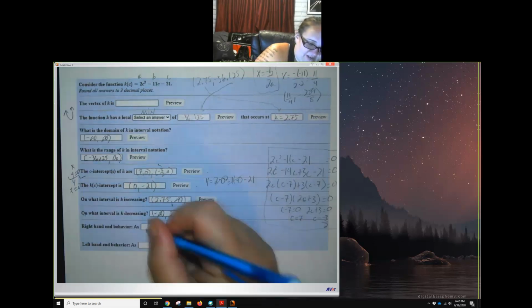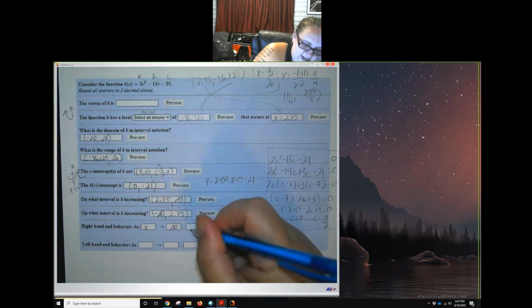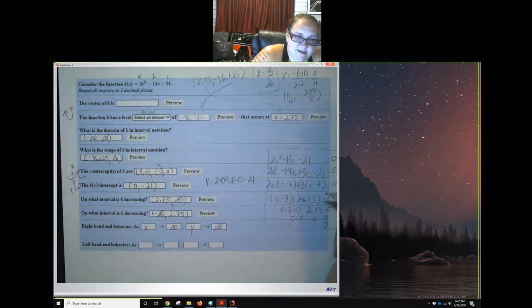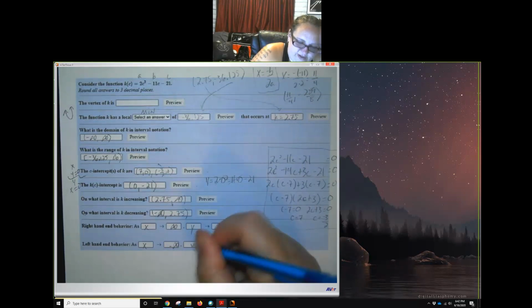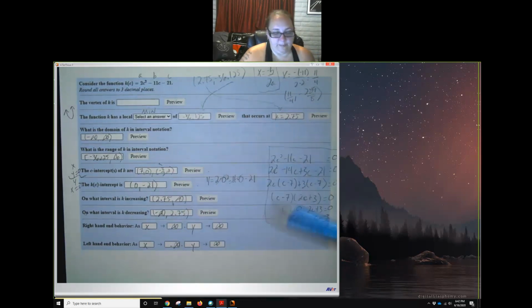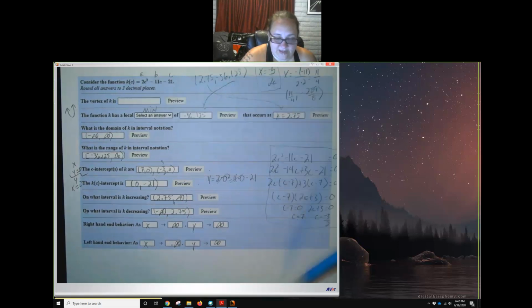And so then end behavior as x goes to infinity, y goes to infinity. As x goes to negative infinity, y also goes to infinity. If your parabola had opened down, then both of these would be negative infinity.